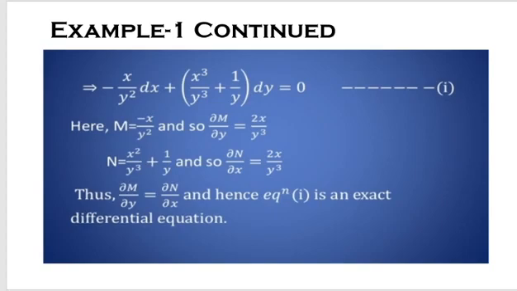That means the differential equation which you considered now has become an exact differential equation. So, the non-exact differential equation which is in homogeneous form, by multiplying with the integrating factor 1 by Mx plus Ny, has now turned into an exact differential equation.